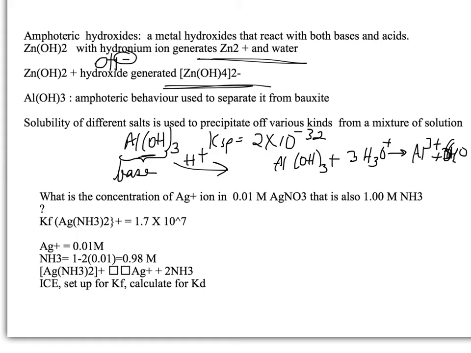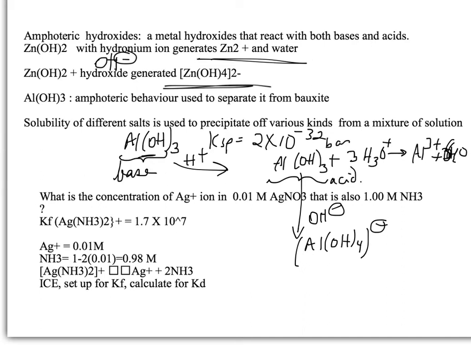On the other hand, this Al(OH)3 also can be treated with an excessive amount of hydroxide, and that's when it gives you the aluminate. It's a complex ion that gets generated, but it's a possibility. And so we say that the Al(OH)3 in that case is going to behave as an acid.